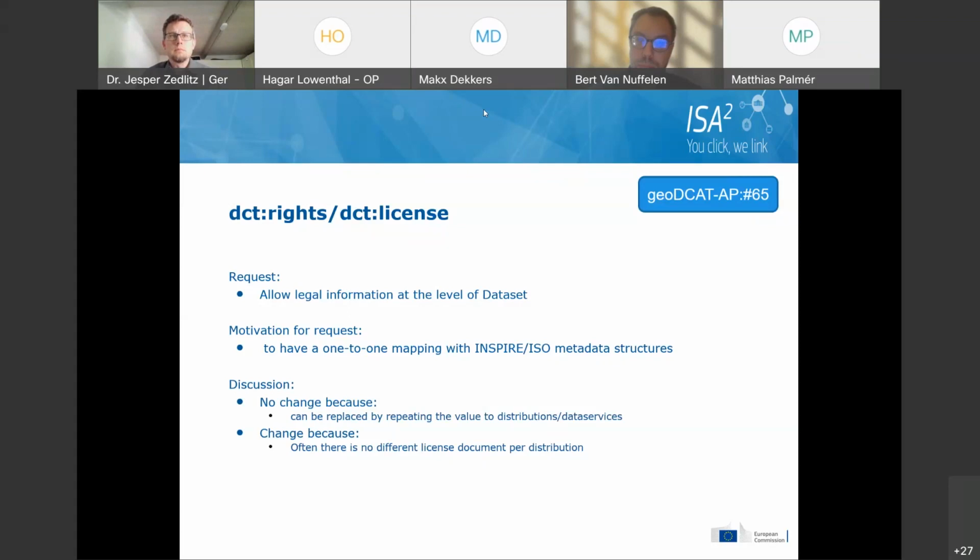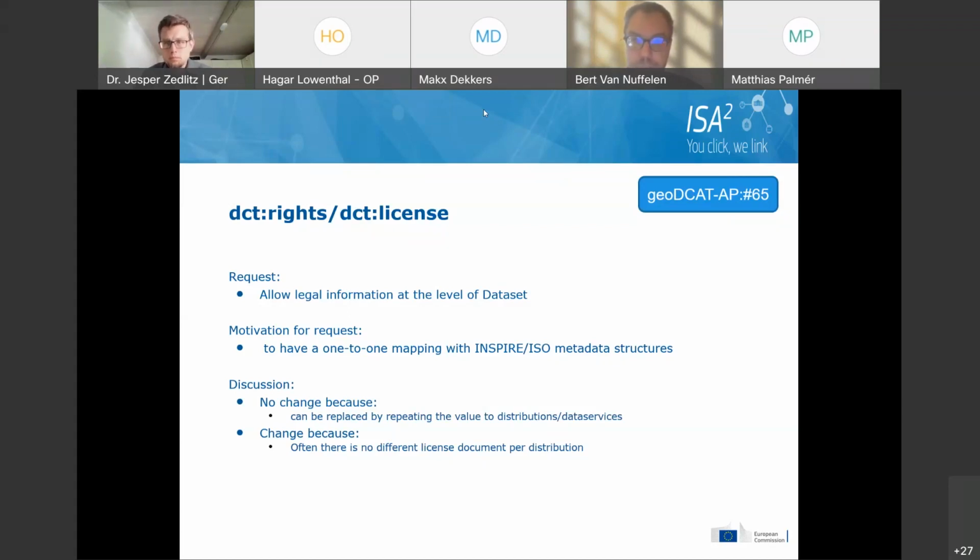Well, what I remember, and that's a long time ago, is that this is basically a result of a discussion at W3C in DCAT, the first version. There was a discussion to do this, and then people said, no, but in some cases we would have different licenses for distributions. And then to make it completely understandable and interoperable, people said it would be best to keep it on the distribution.